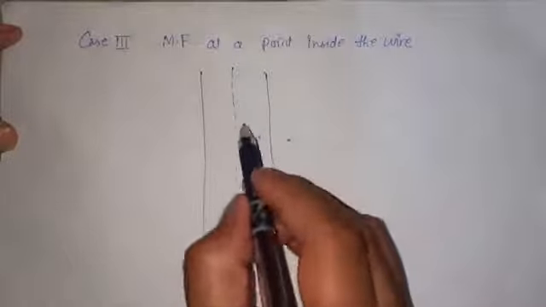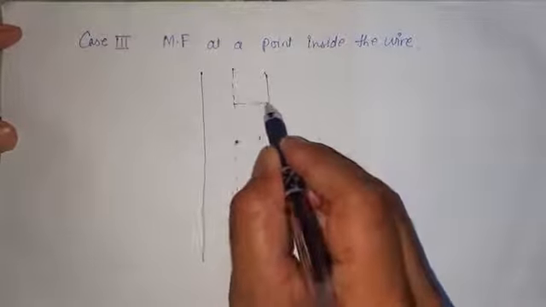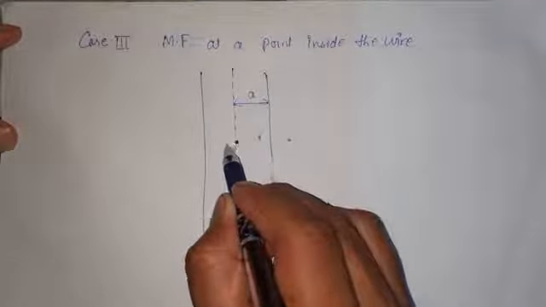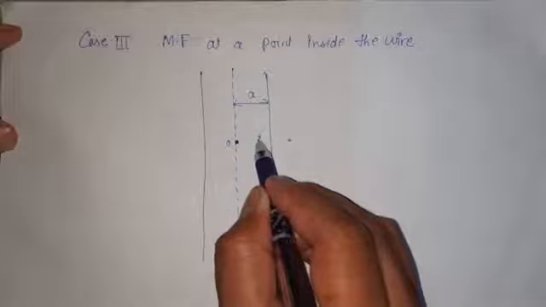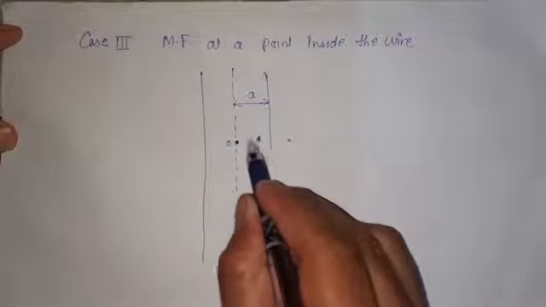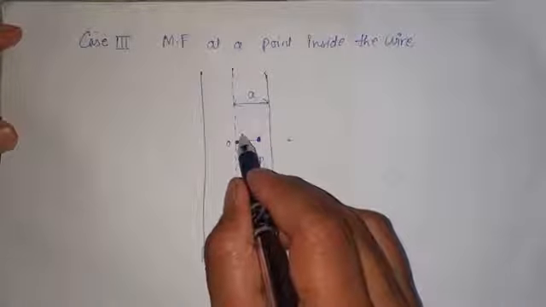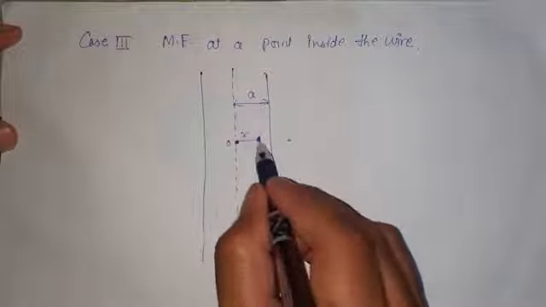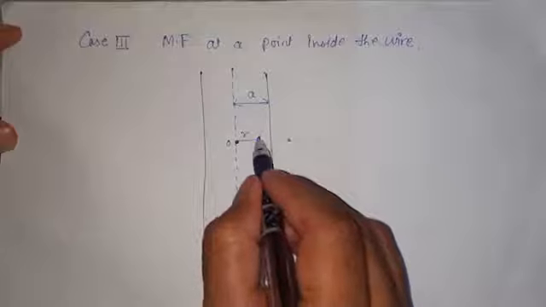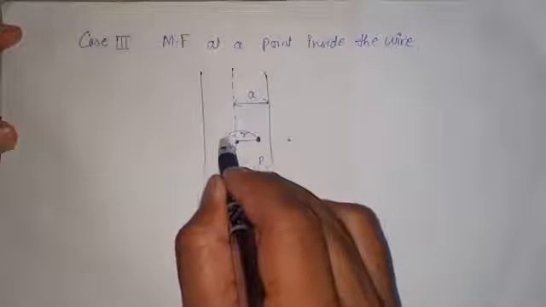Now as we are already taking, the radius of this wire is going to be A. But this time the point is going to lie inside. So let P2 be the point which we are considering inside this wire. Let the radius of this point P2 be R, the distance from the axis. Now according to Ampere circuit law, you have to complete a circular loop.